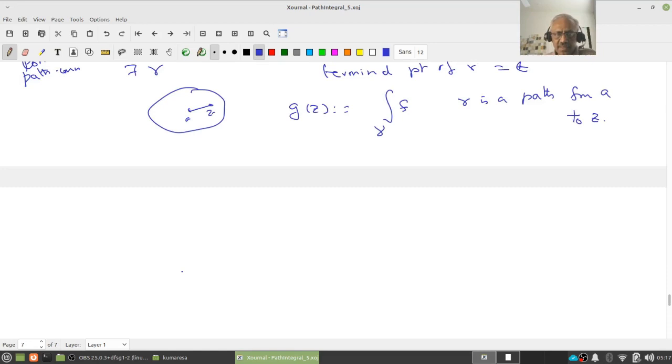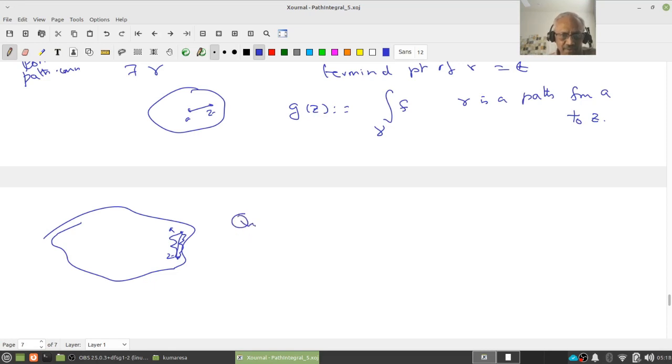But if it is convex, there is an obvious path, namely the line segment from A to Z. But in a connected open set, I do not know which path it is. Somebody may find some path gamma, another may find some other path, like this or like this. So G of Z has to be well defined.